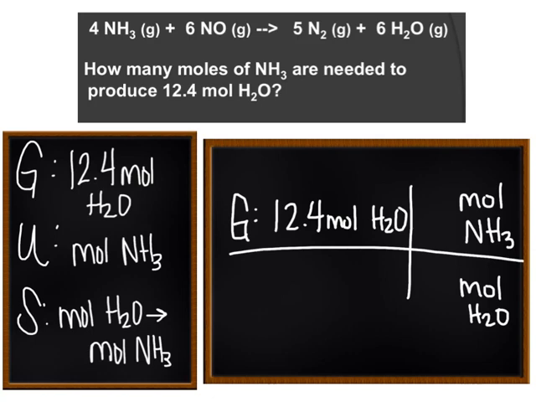So when you do that, you get 4 moles of NH3 for every 6 moles of water. That comes from the balanced equation. Then when you do the math, you should be getting 8.27 moles of NH3. Alright guys, check yourself, see what you need to work on, and we'll see you next lesson.